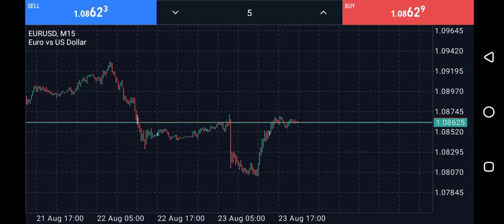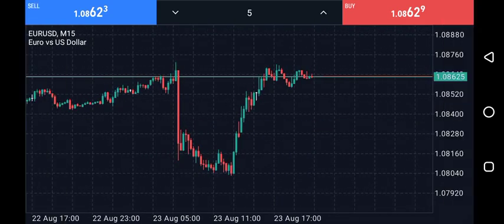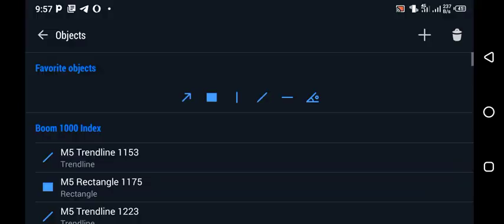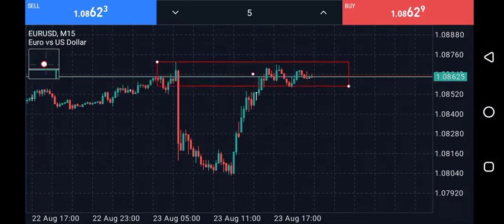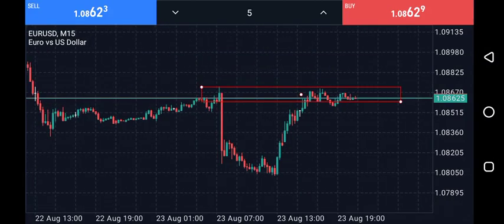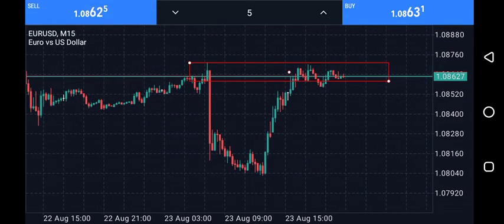That's what we have all been taught. Now you can see this green guy is another block because it's the last bullish candle before the push down, or there's a minor push, but it's still another block by the definition of an order block.